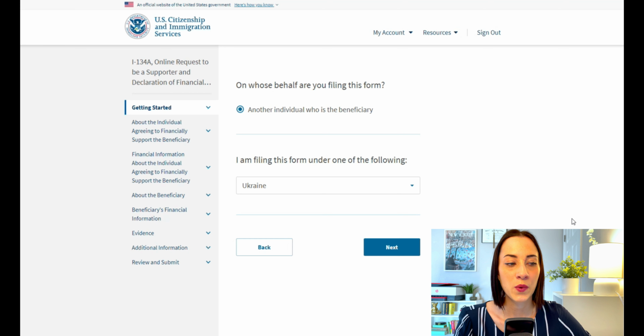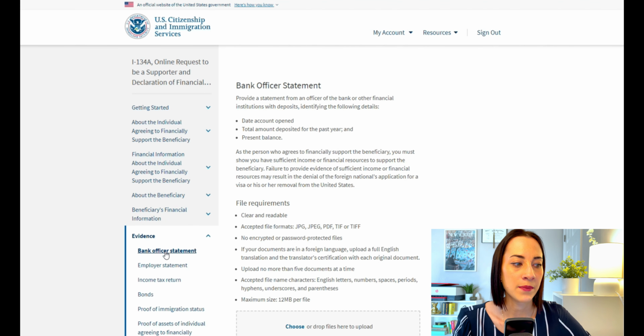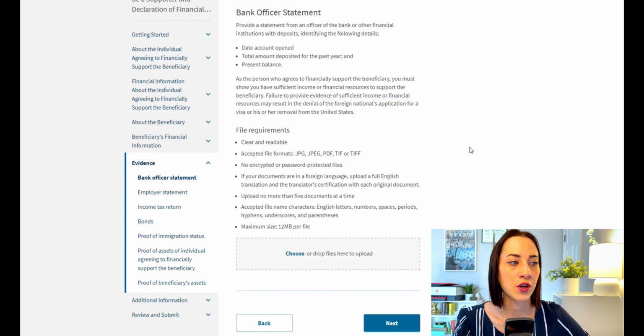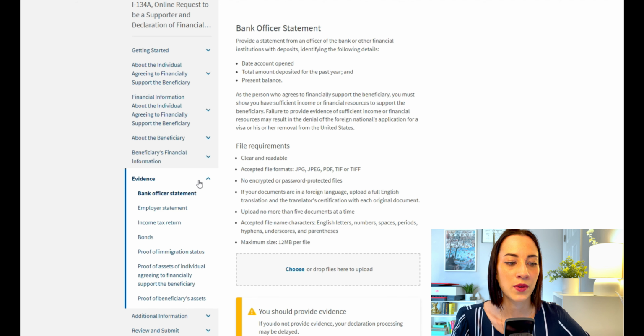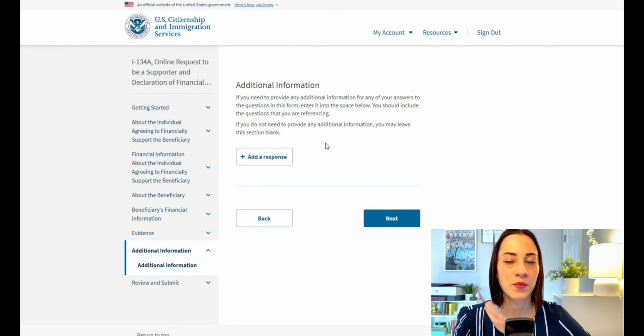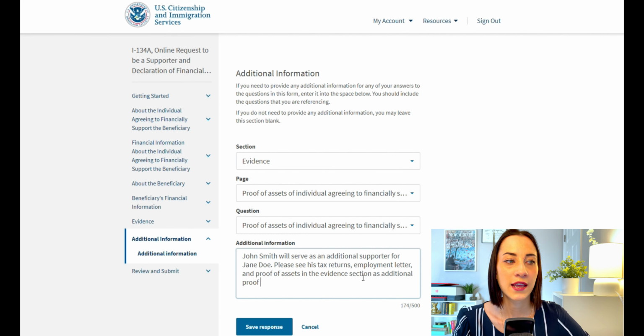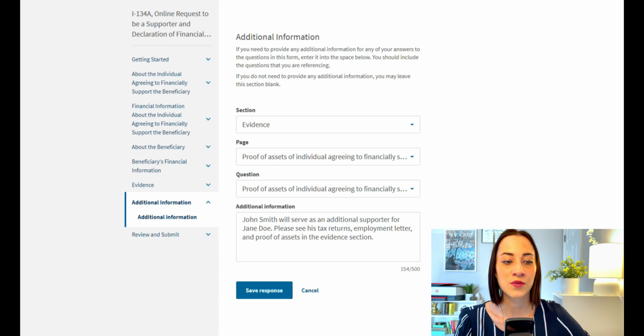So based on what I'm seeing, you will most likely just have to include it in the evidence portion. So most likely in this particular portion that says proof of assets of individual agreeing to support the beneficiary, perhaps here, if you would like, you could probably also add the information about any additional sponsors in the additional information section. And here perhaps you can add a short statement about any additional persons that would like to join their incomes.